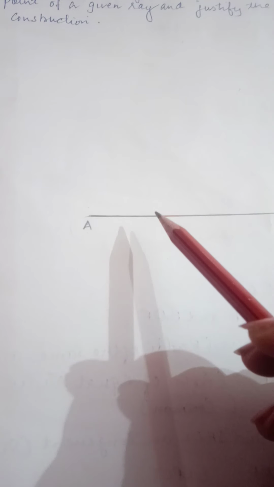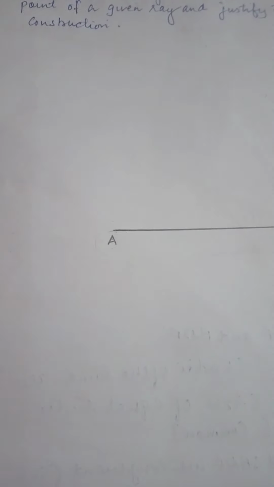First, make an arc by taking A as the center. Whenever an arc is considered, with the same radius, whatever radius you are taking, you have to mark two arcs. So let us start.